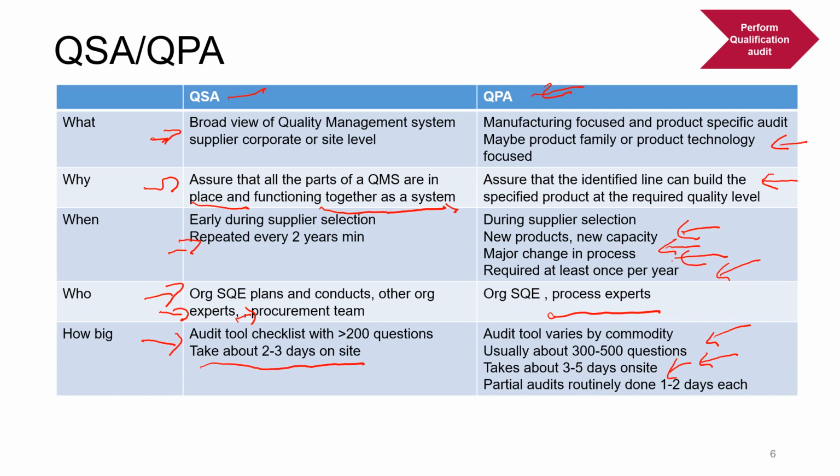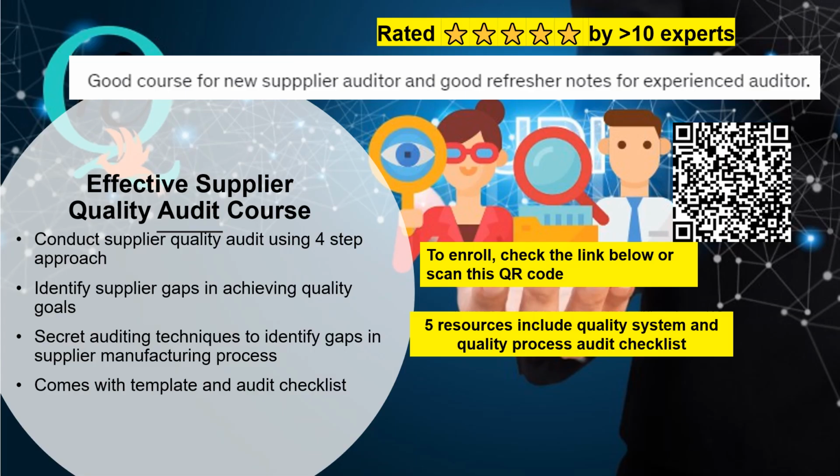And it takes about 3 to 5 days on site. And sometimes it's broken down into partial audits, which are done routinely, 1 or 2 days each time. That means it's split into different visits, and each time there will be 1 or 2 areas that will be audited accordingly.